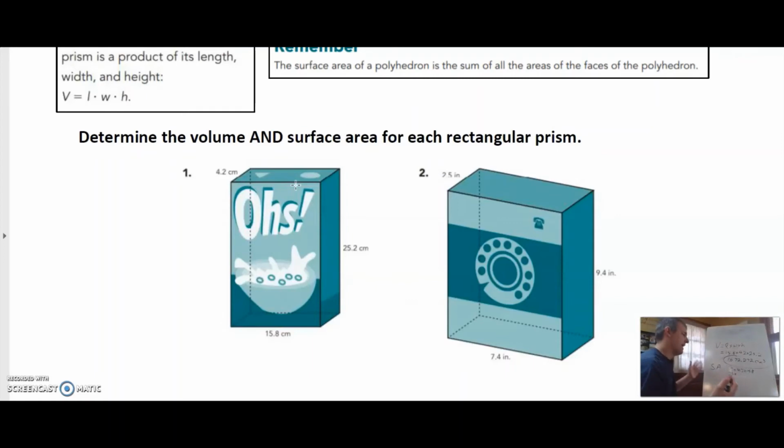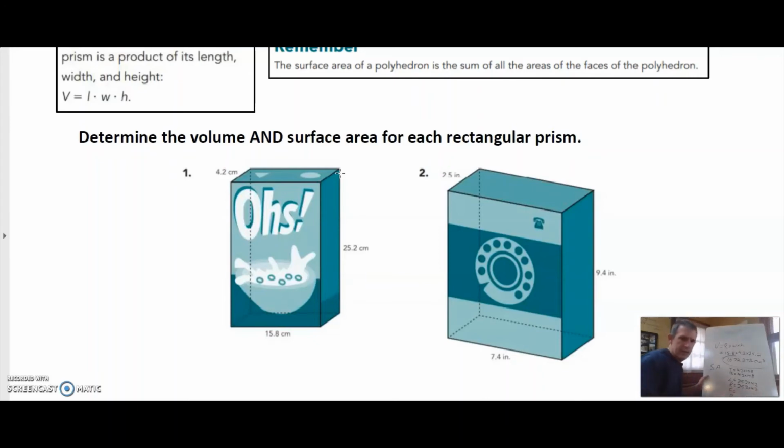The bottom's going to be exactly the same, so we're going to cut and paste. The left side, or this side, we'll do 25.2 times the width here, which is 4.2. And the right's going to be the exact same, so 25.2 times 4.2.